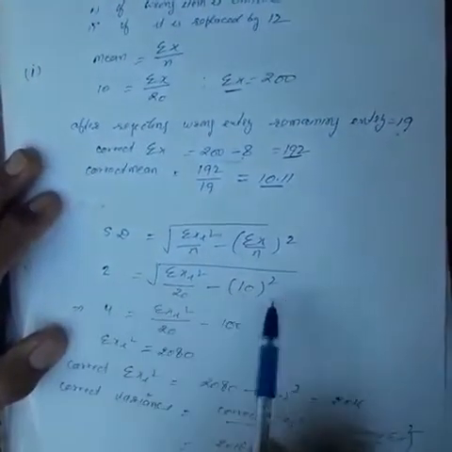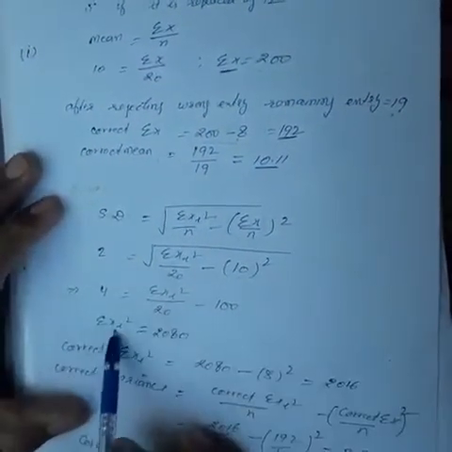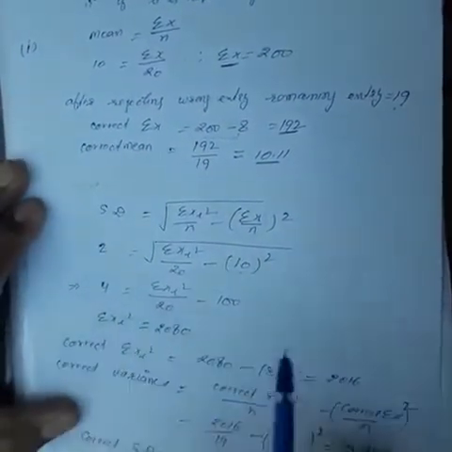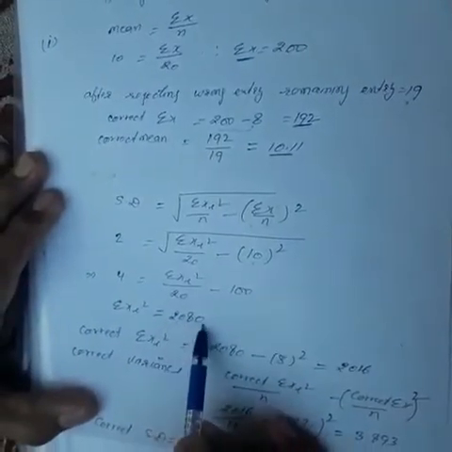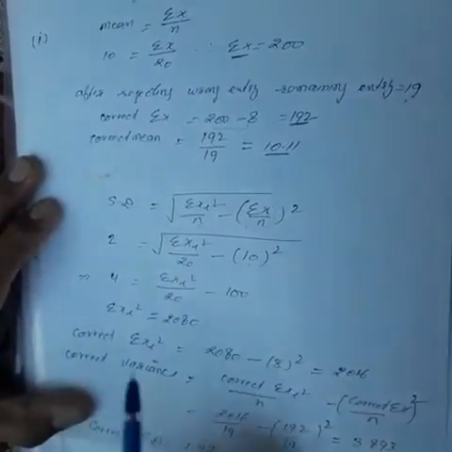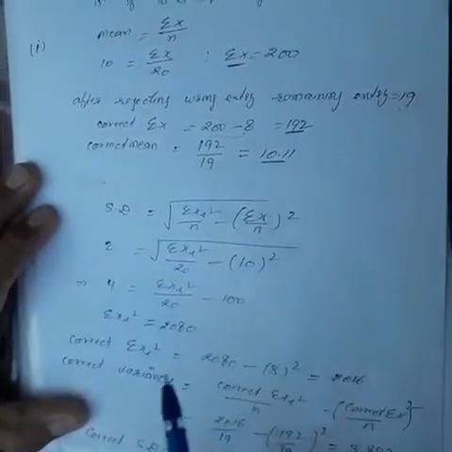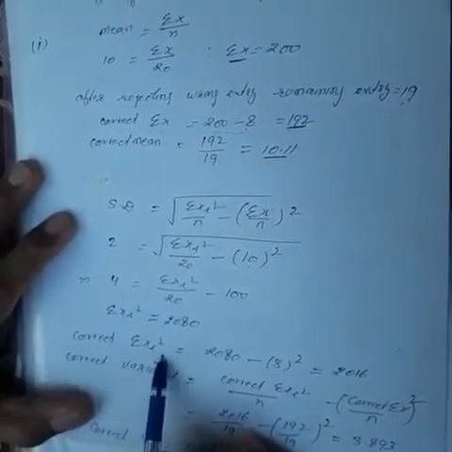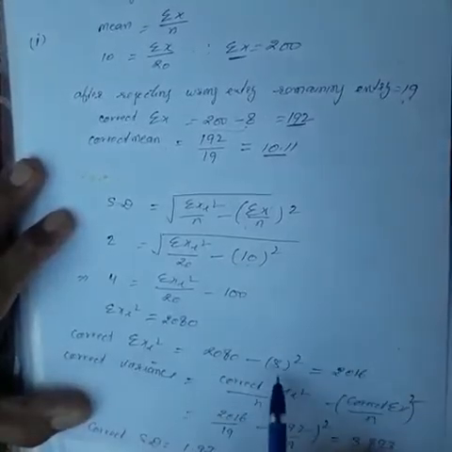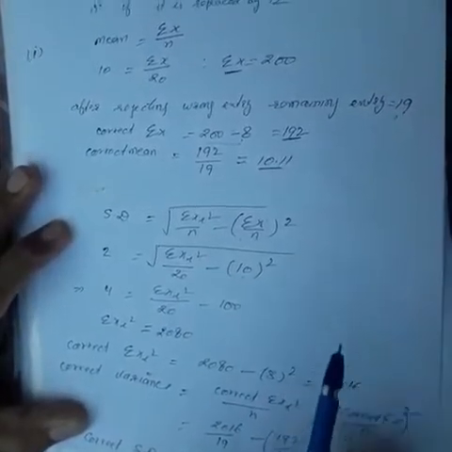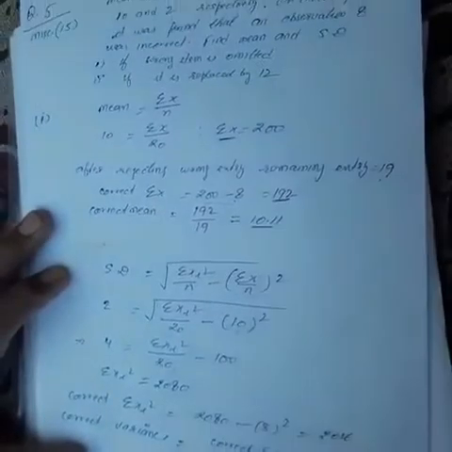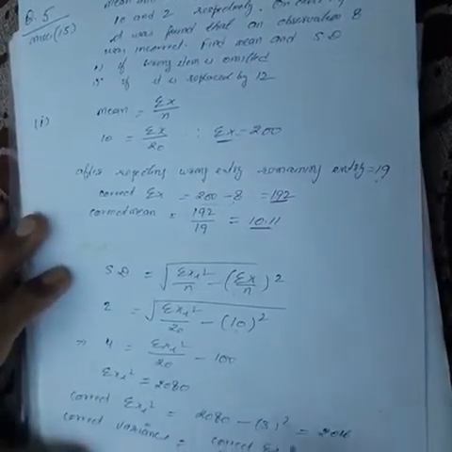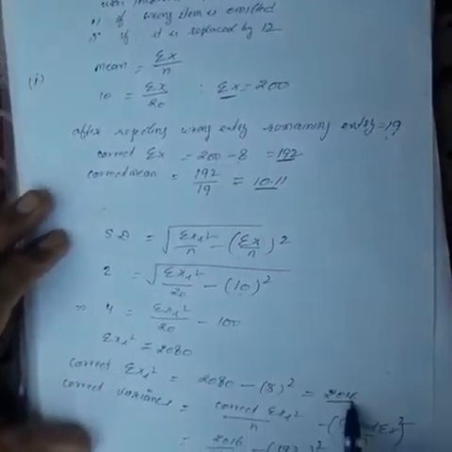So now squaring both sides and calculate summation of xi square, it will be 2080. Now after deleting wrong entry, we have to calculate the new summation of xi square. So it means we have to subtract the square of wrong entry. Wrong entry was 8. So subtract square of 8 and we are left with 2016.